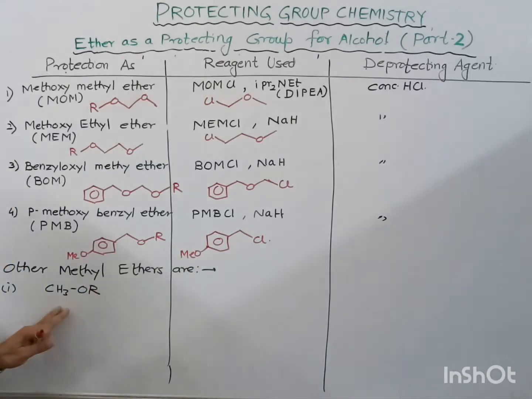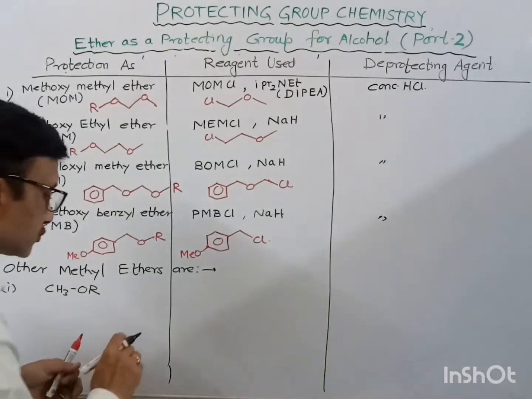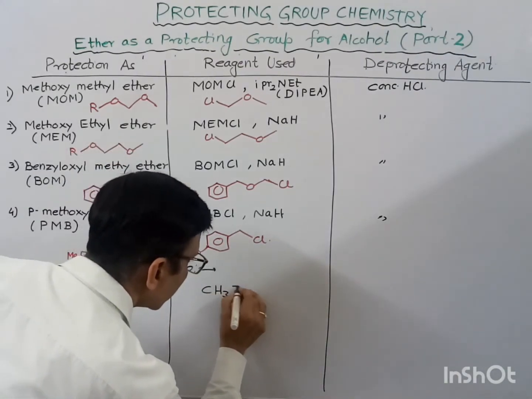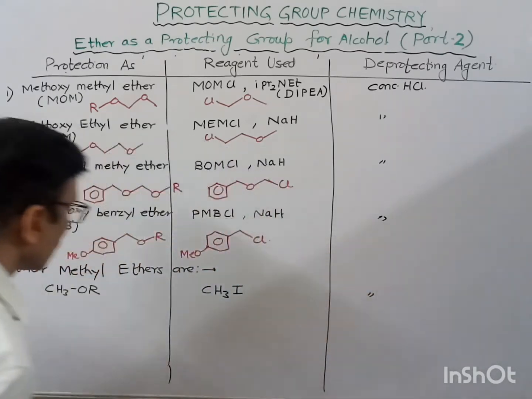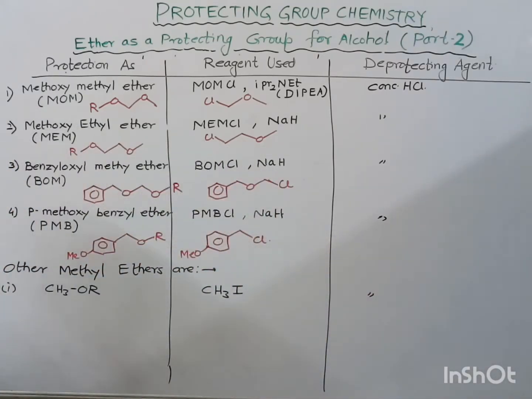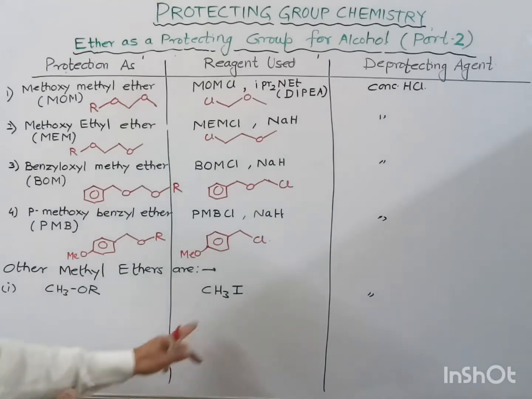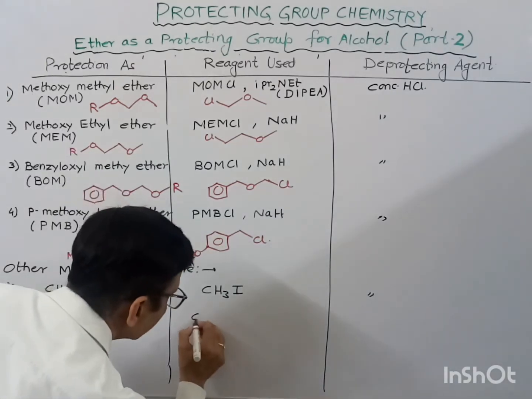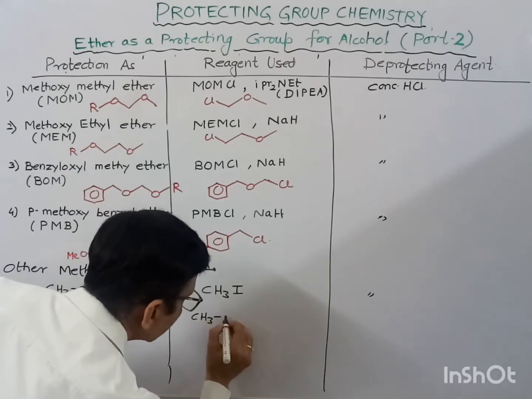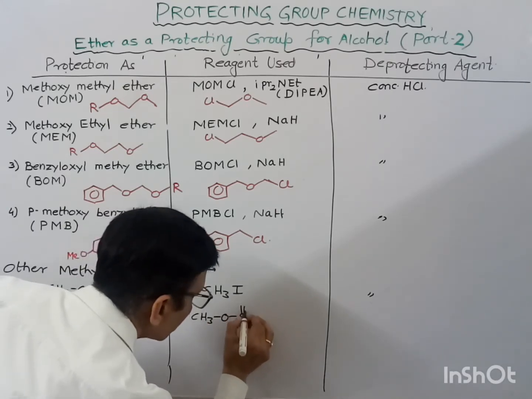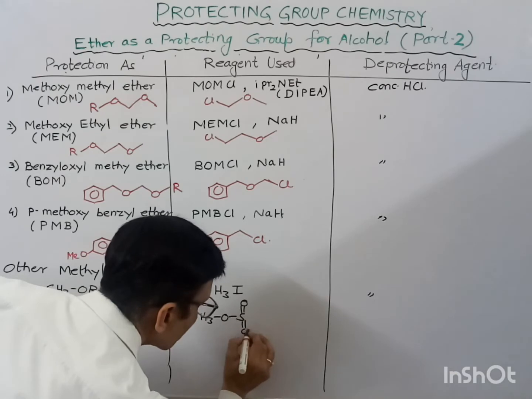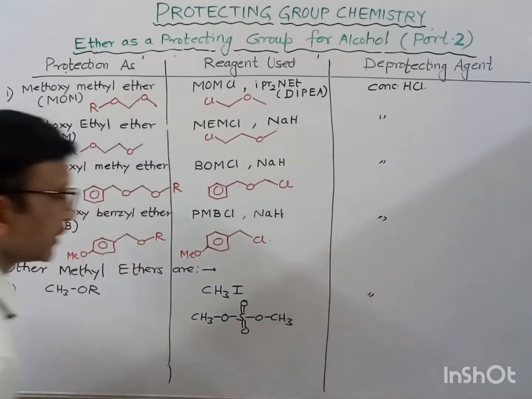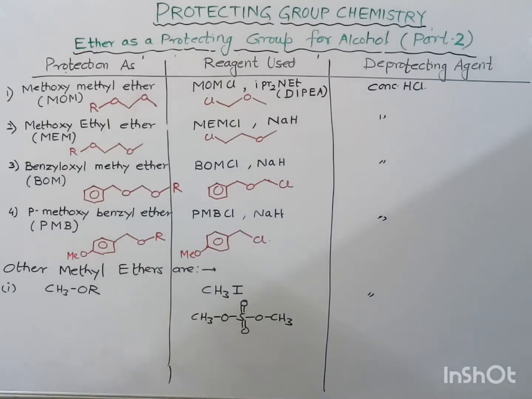ROH may react with iodomethane, iodomethane may be used, or we may use dimethyl sulfate as a reagent to get a methyl ether. So dimethyl sulfate can be used as a reagent.